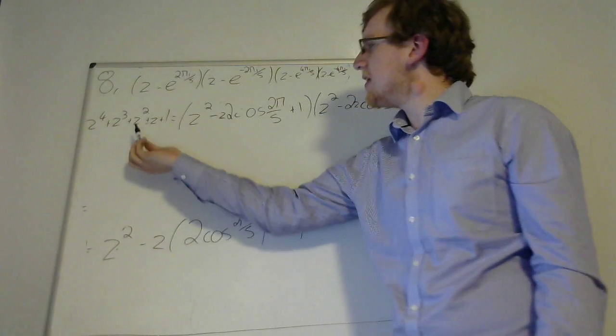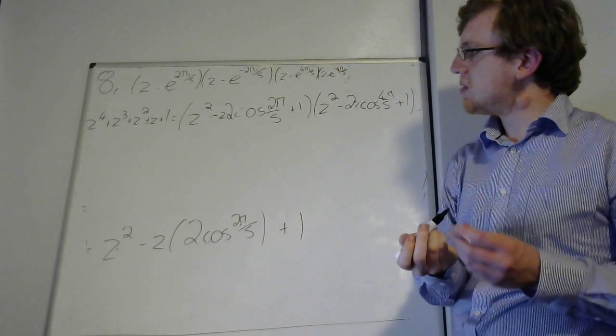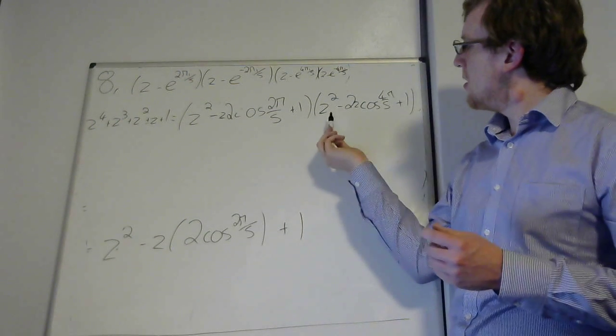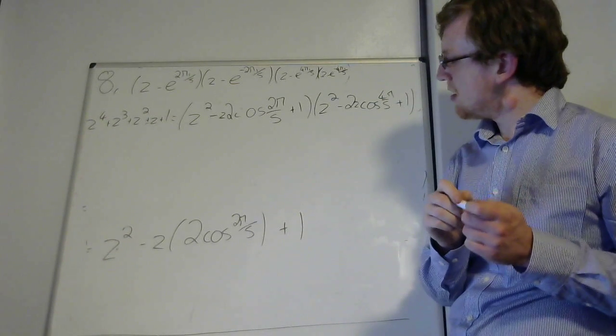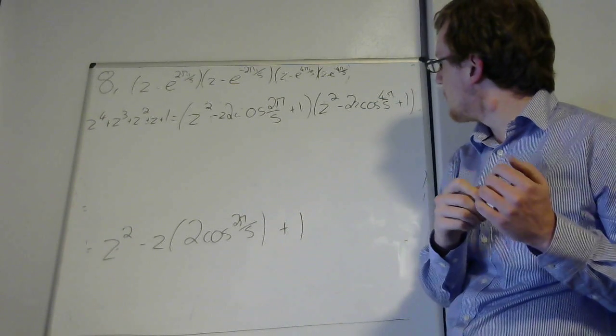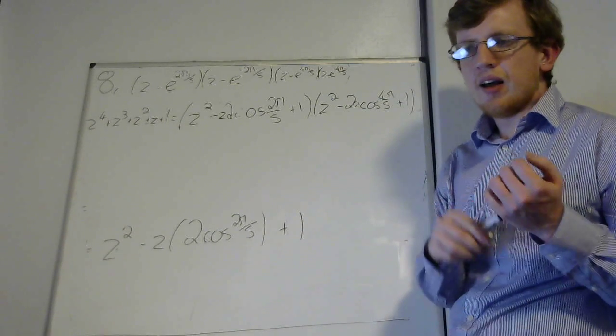So if we divide the left-hand side by z squared, we get what the answer is, but we only need to divide the right-hand side by z. So I'm not sure what's gone on there.